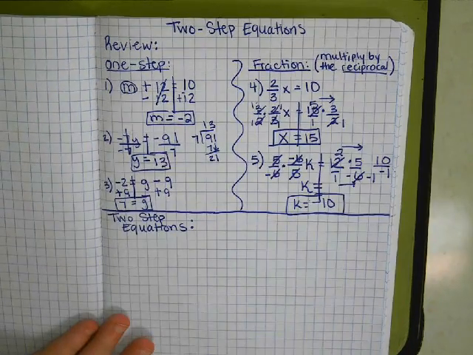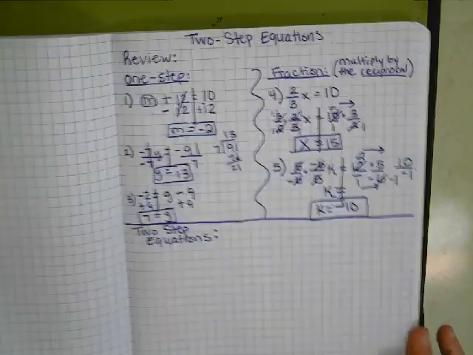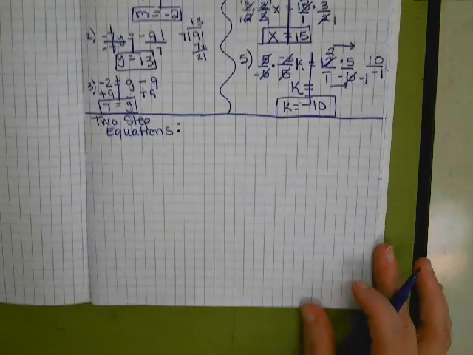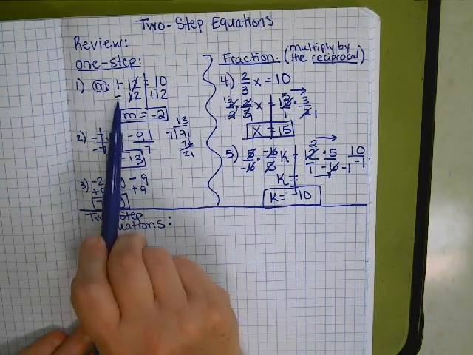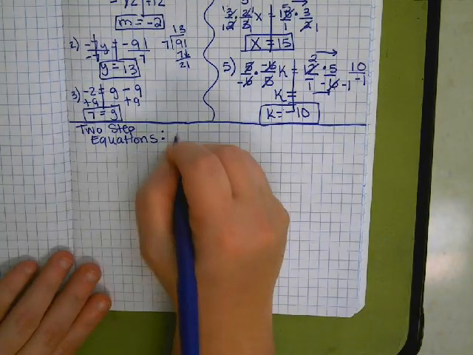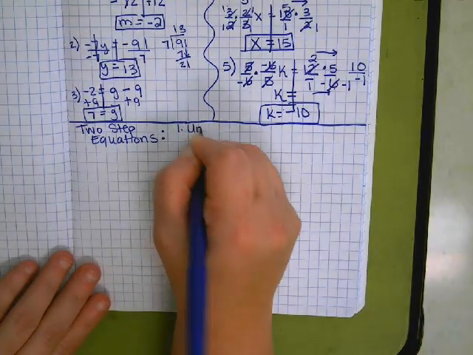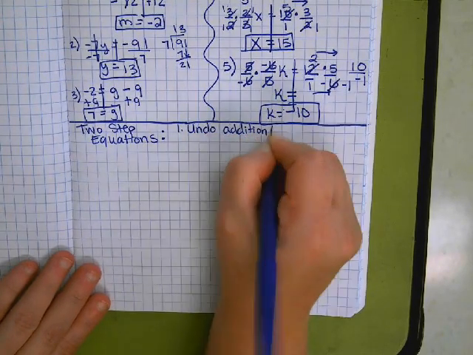So that is a review. We are going to need those skills for our two-step equations. So now at the bottom, I'm going to write our two steps. So one step, we just undid the operation, whatever it was, with the inverse. So in two steps, first we must undo the addition or subtraction.